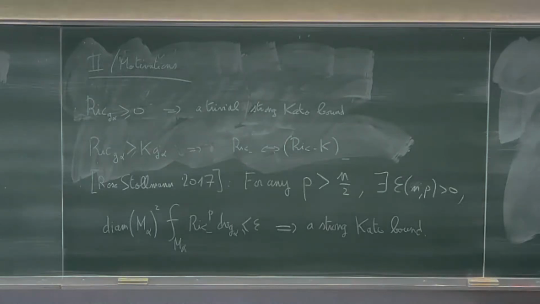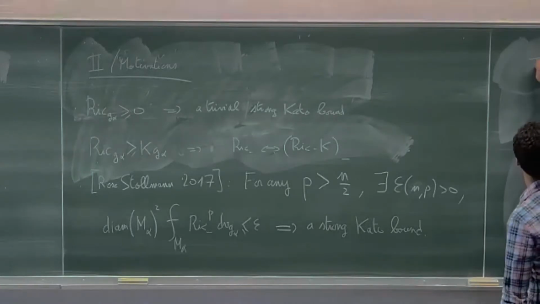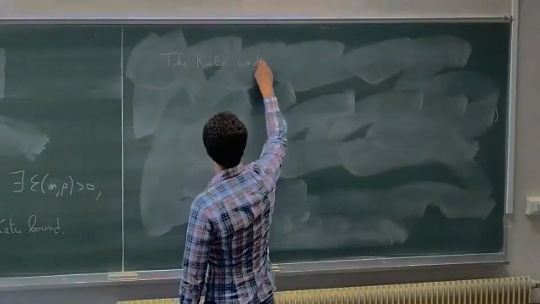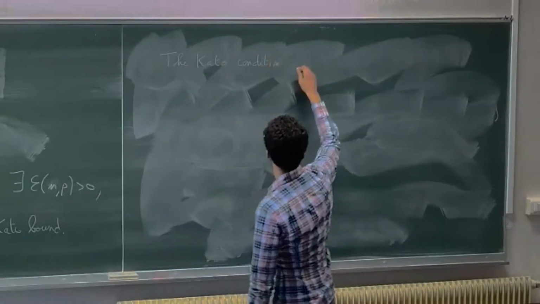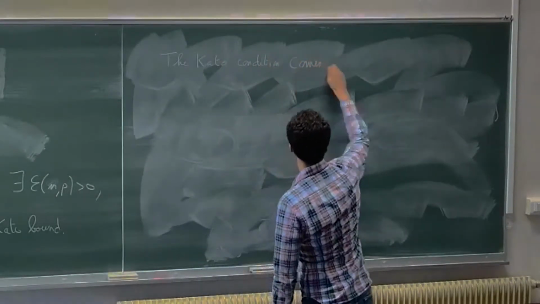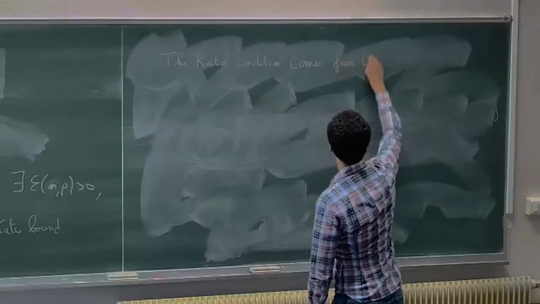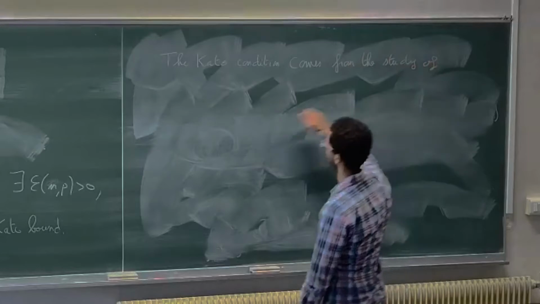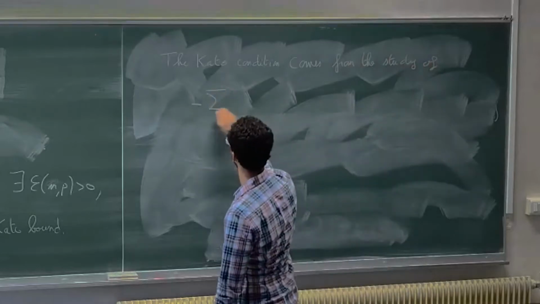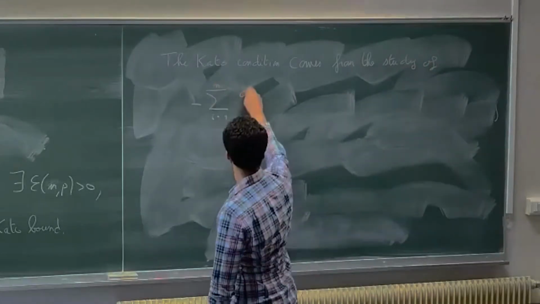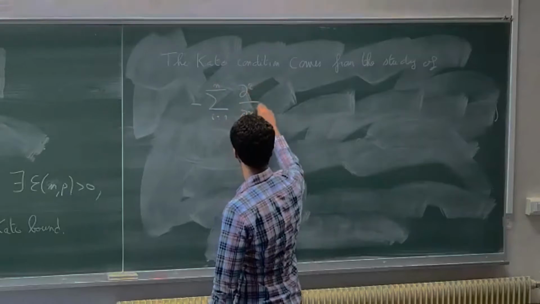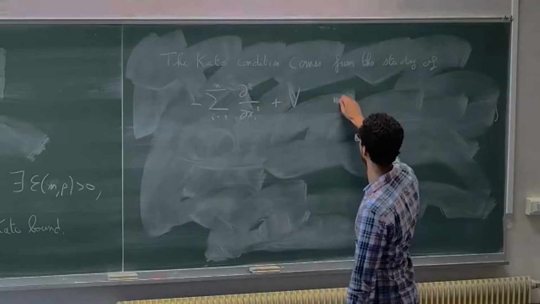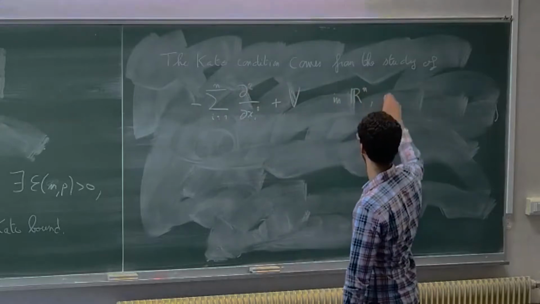I was about to say that the Kato condition comes from the study of Schrödinger operators in Rn, operators of this form, where V is a positive measurable function in Rn.